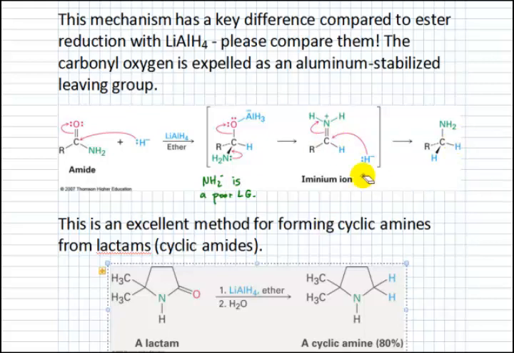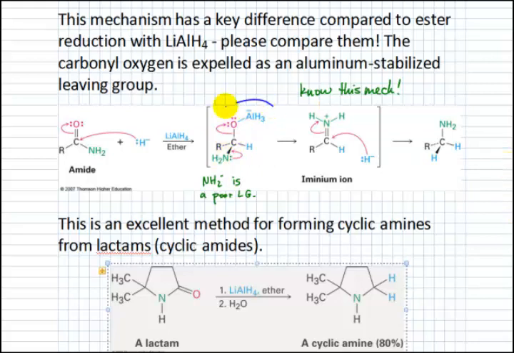So we have this intermediate iminium ion. Make sure you know this mechanism. It's very important, especially because of its weird step here where NH2 is not the leaving group. It's the O aluminum complex that leaves.